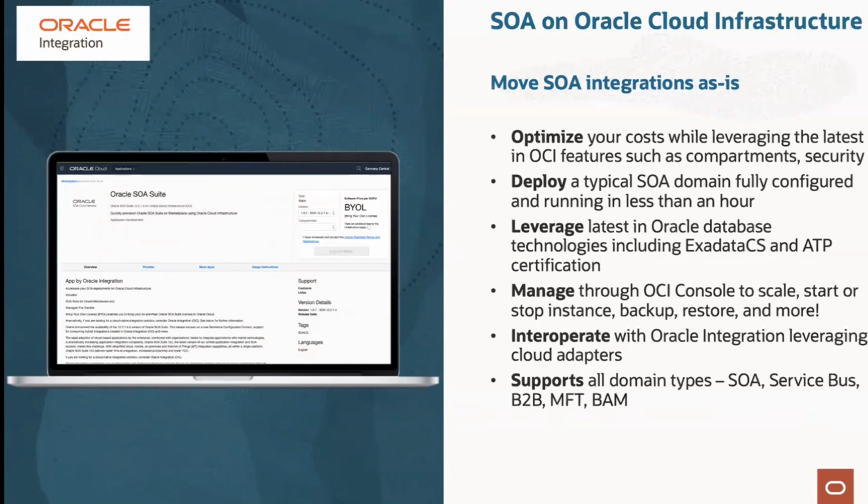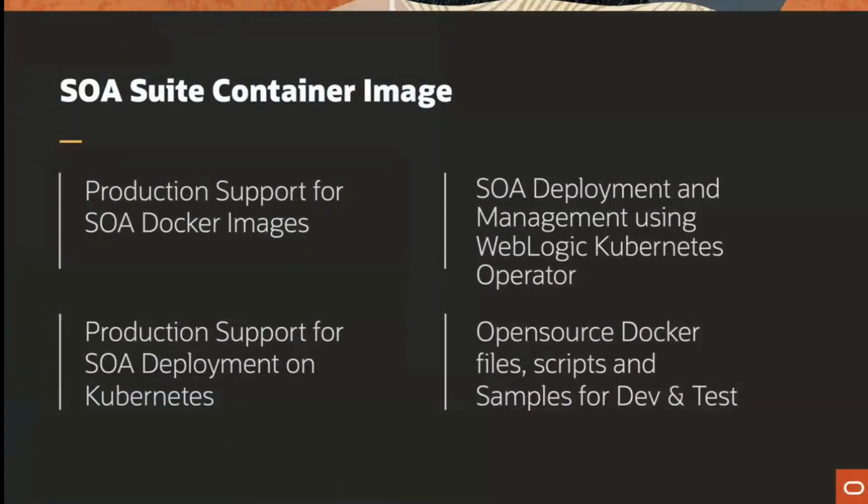So whether you want service bus and people, or you want an MFT deployment or a BAM deployment, you can decide which type of domain you want to create, and then what size and shape of cluster you want, and it would provision a cluster based on those inputs in your tenancy, and then you manage it as you would manage the on-prem SOA. This is something that's been available for quite a while.